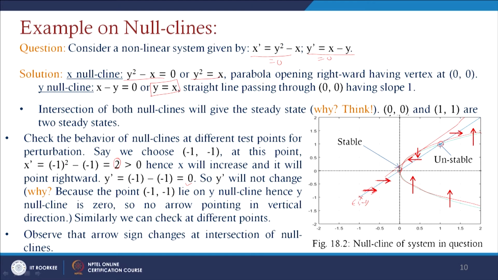Similarly, if you check all other points, like suppose 1 1 we have kept over here, then we can put 2 1. If you put 2 1 here, then you will have a positive value, so it will point outwards there. Similarly, at all other points we can test, and we have pointed these arrows in different directions. If it is negative, then it will approach towards the steady state points, and if it is positive, then it will point outwards from the steady state points. That we can say from this graph.